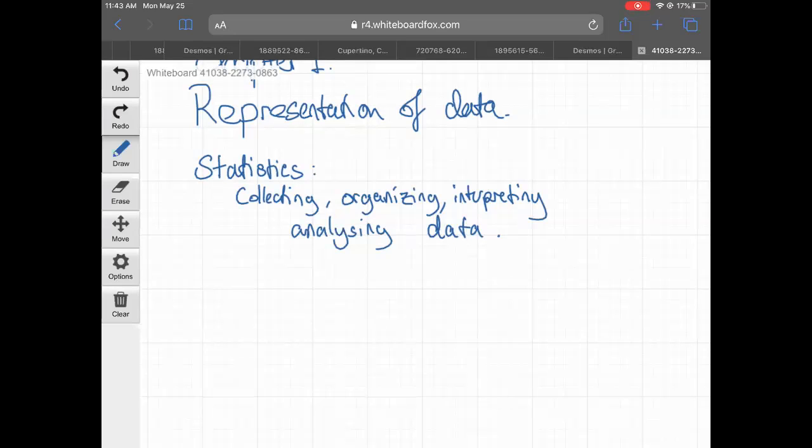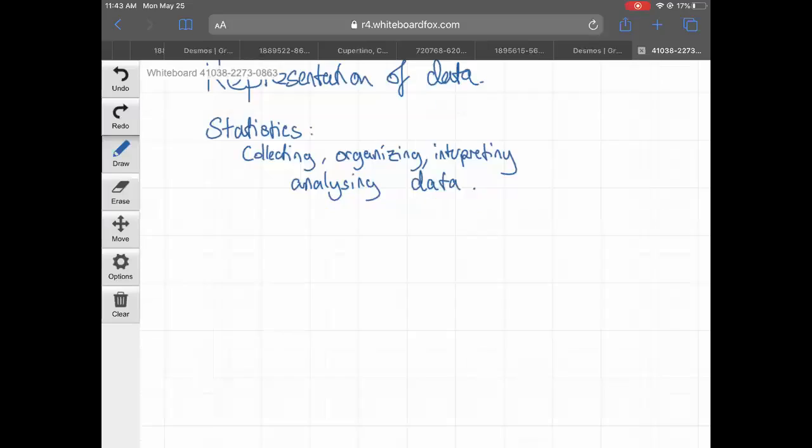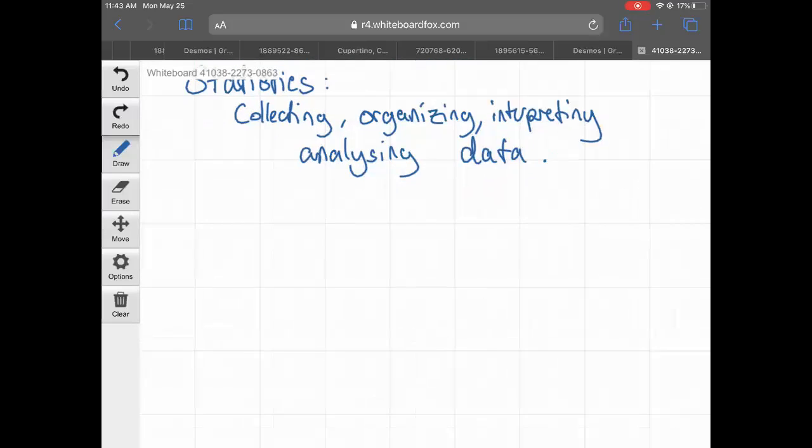So this is representation of data, taking data and trying to understand that data. And there are different ways that we can show the data that will help us to understand different things about the data. Okay, so that is statistics.